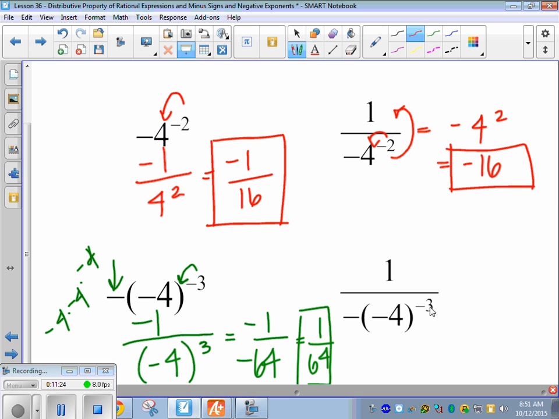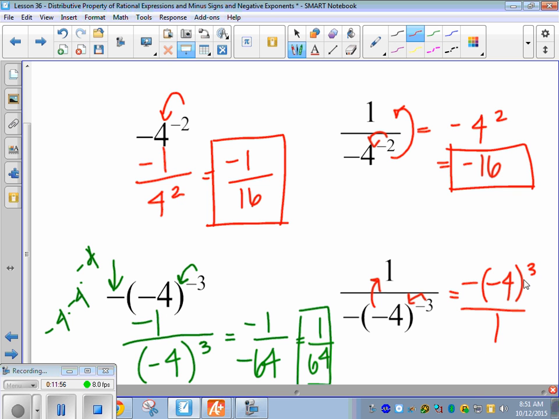All right, finally, we have sort of the same thing, but now it's in the denominator. So again, the parenthesis is directly to the left, so this -3 is applied to everything in the parentheses. It's going to move up to the top, but I still have a negative on it. So if I want to rewrite this, it's going to be -4, and then I have a +3, because I moved it to the other side of the fraction bar.